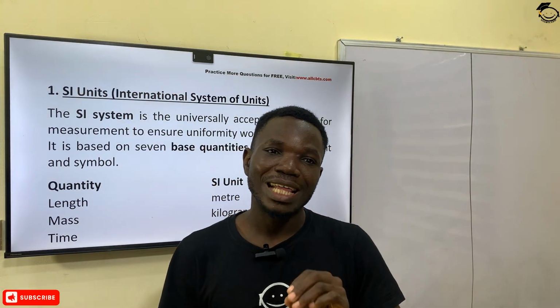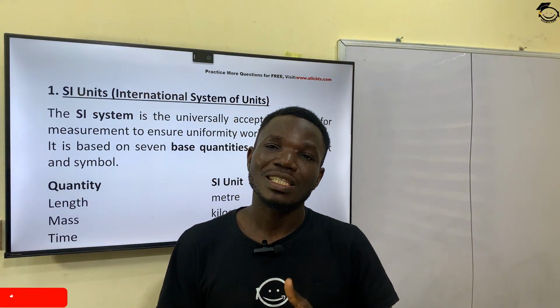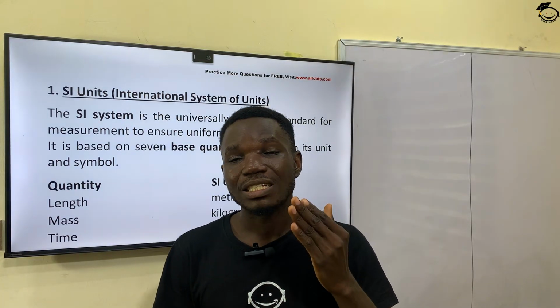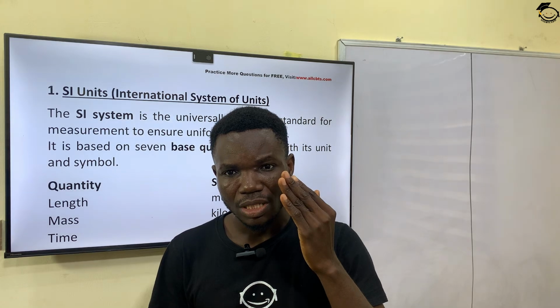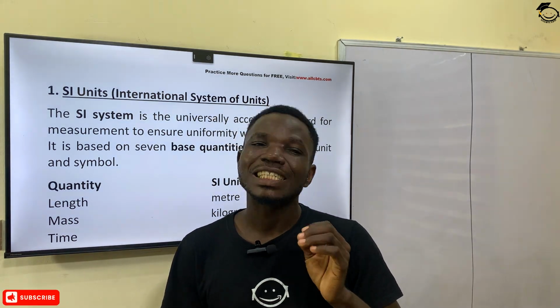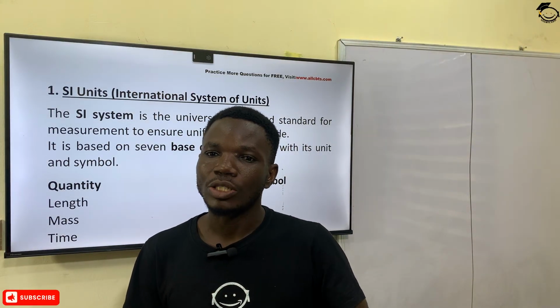The last one, magnetic flux, was added after the international system already came up with the 7. The 8th one, magnetic flux, was added, and it can also be called a derived unit according to the standard international unit formula.